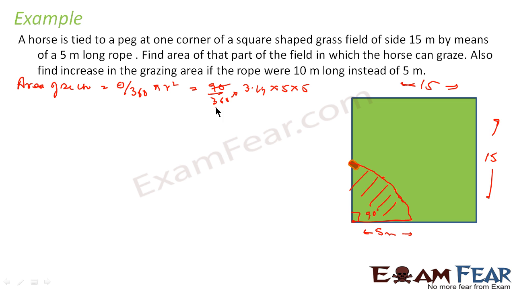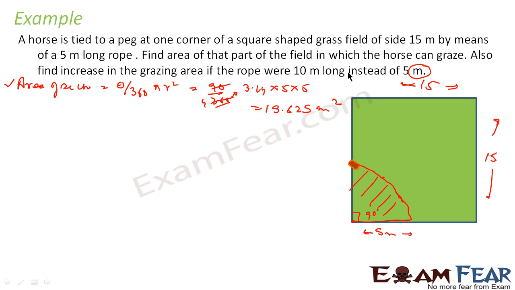So this gets cancelled by 4. If you solve this, what you get is 19.625 meter square. Why? Because it is meter and we are talking about area, so it is meter square. So 19.625 meter square is the area which the horse can graze. This is my answer. First part is done.